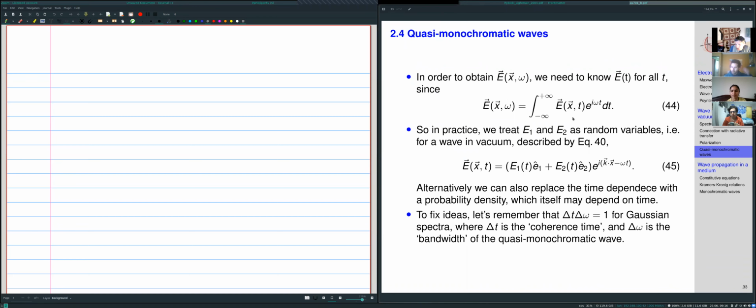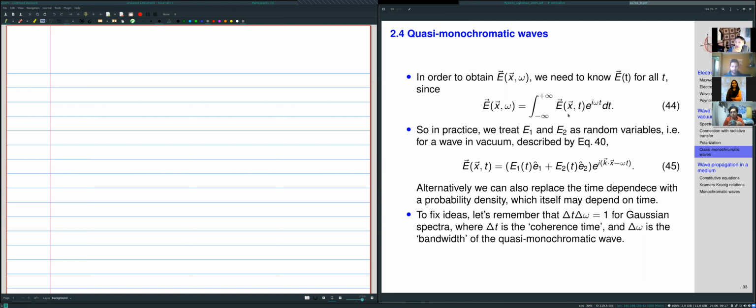And of course, that's not possible. So in practice, we restrict the domain of the signal to some time interval. So the signal is supposed to be 0 until some time t, and then it's non-zero for a period of time t plus delta t.